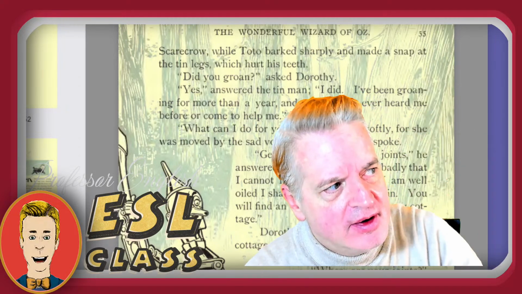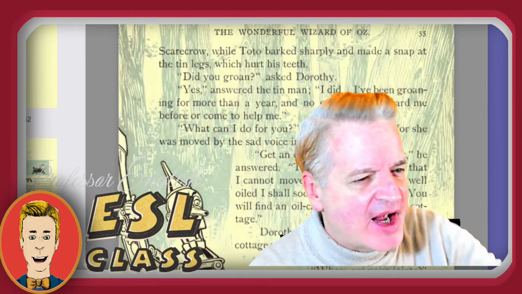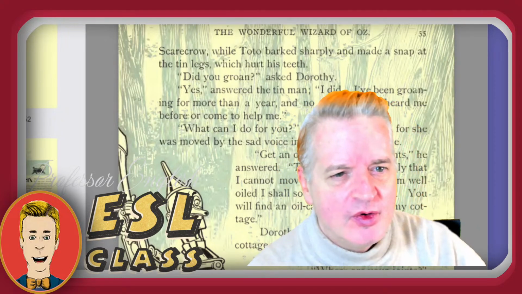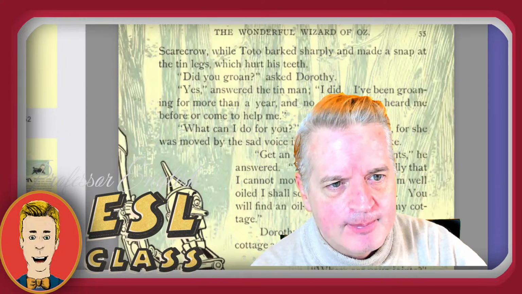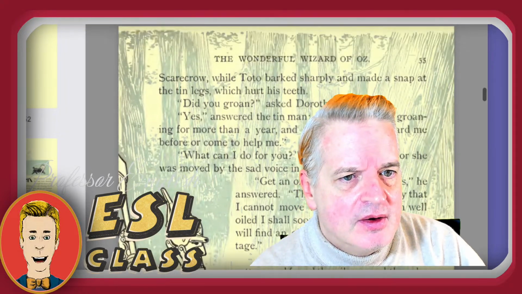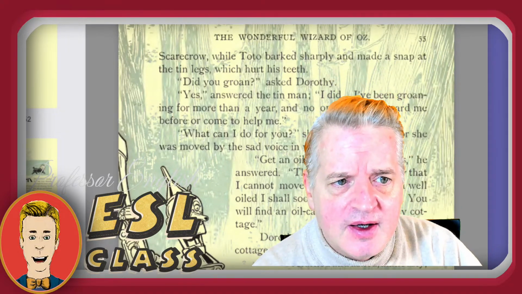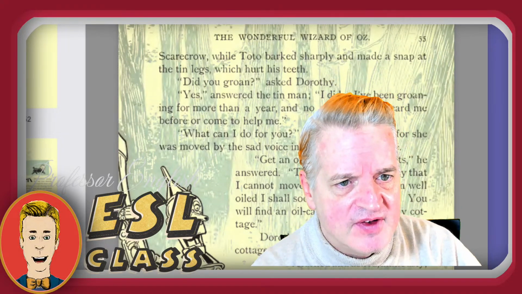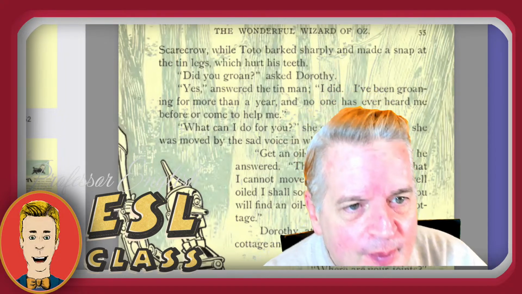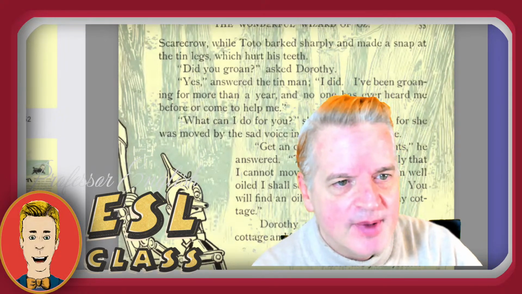That's snapping. But when an animal goes very quickly, not actually biting, but just doing that motion with their mouth, that's snapping. Scarecrow, while Toto barked and made a snap at the tin legs. So Toto went at the legs, which hurt his teeth. Oh, so he actually bit the Tin Man.